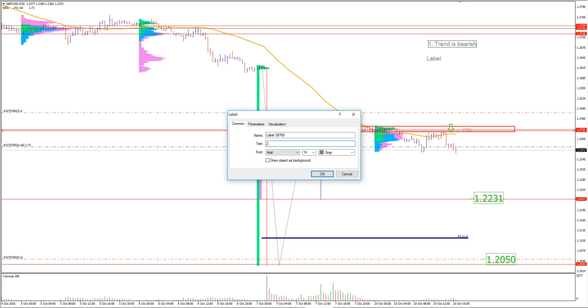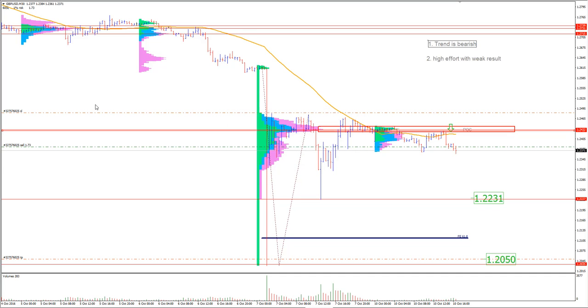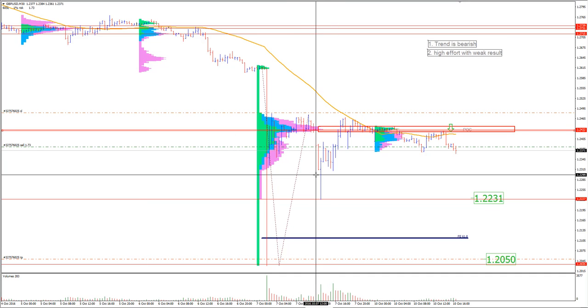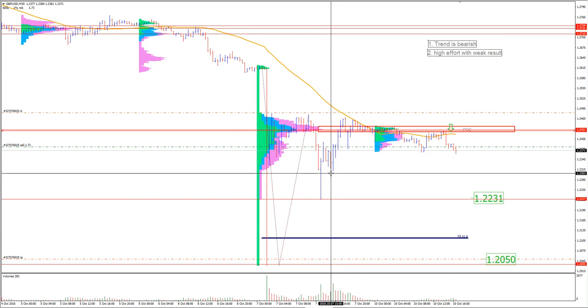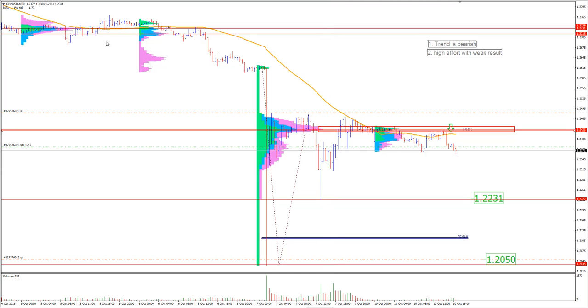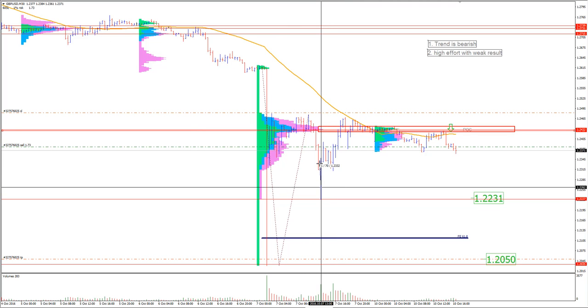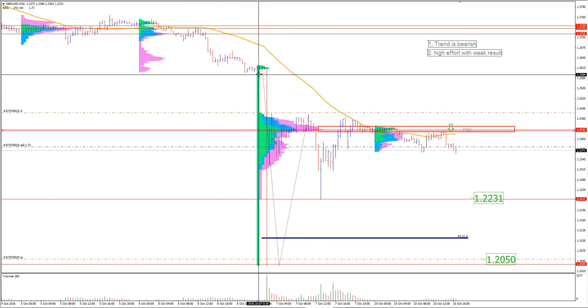we did the futures market and we saw the volume analysis there, and we call this high effort with weak result. This is what I spoke about, and the reflection is in this area here. High effort, strong volume activity, but price action only 65 to 70 pips compared to this almost 600 pip drop.